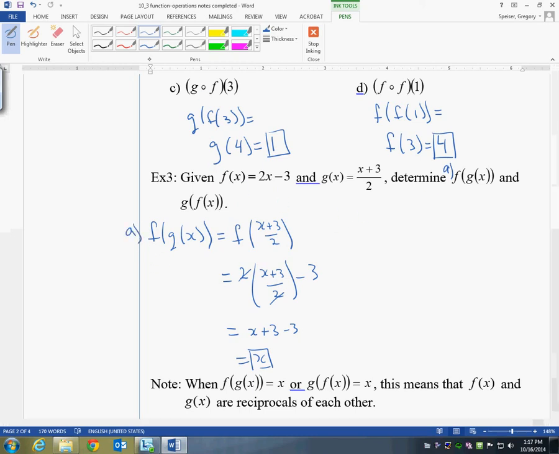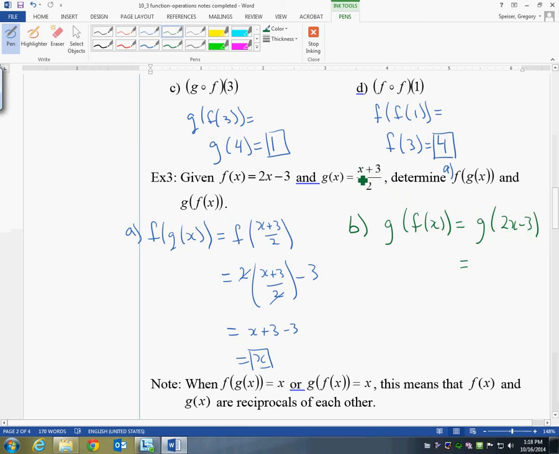And then part B. Seems like a good time for a new color. So g of f of x is equal to, okay, f of x is equal to 2x minus 3, so this is g at 2x minus 3. Looking over at g, wherever I see an x, I'm going to substitute 2x minus 3.